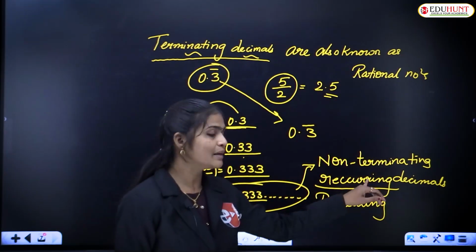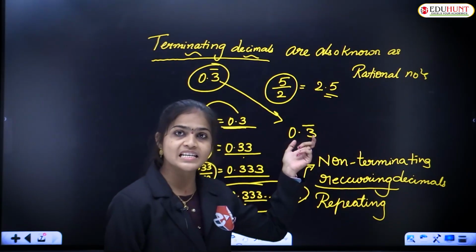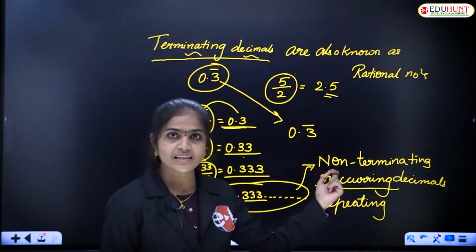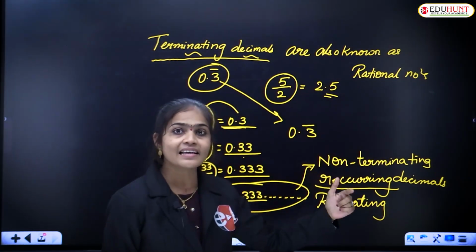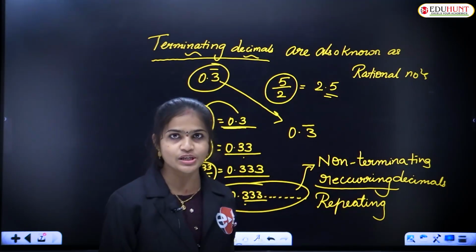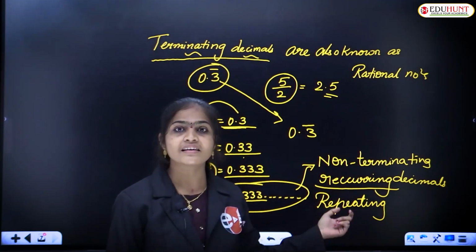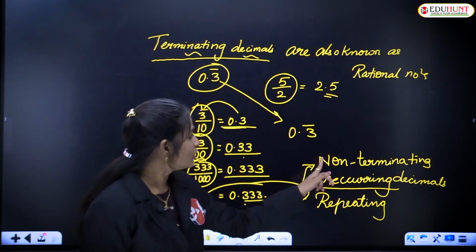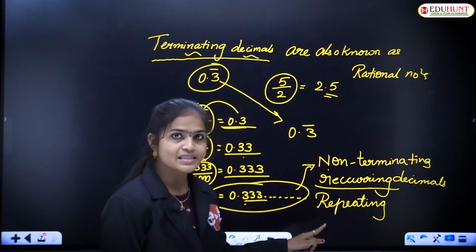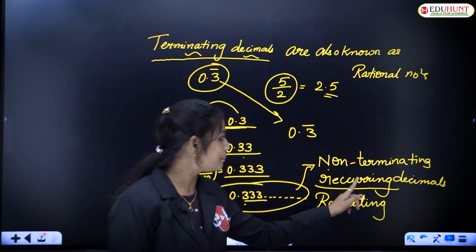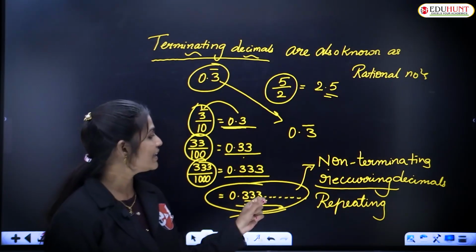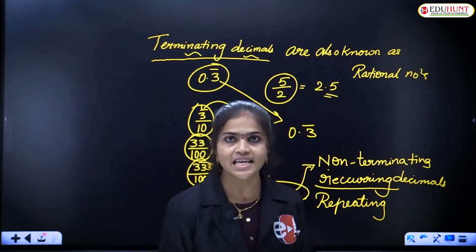Those decimals are non-terminating; there is no ending point. But the condition is that the same number is in repetition. So we call these non-terminating recurring decimals, or non-terminating repeating decimals. So are non-terminating recurring decimals rational numbers or not?